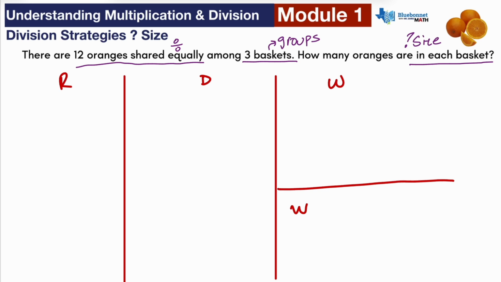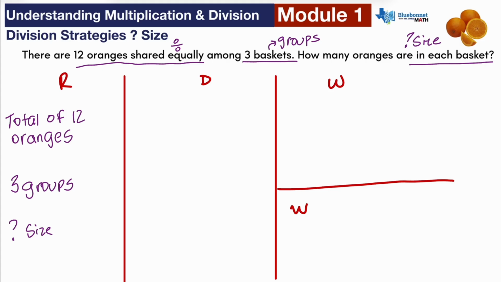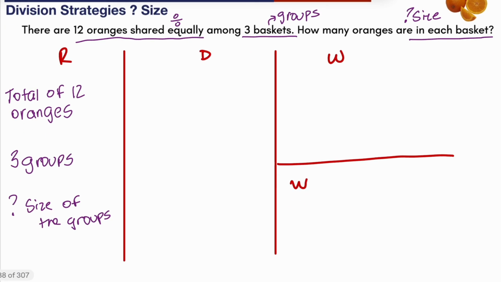So we have a total. So I'm going to write that here. Total of 12 oranges. Okay. What else do I know? There are 3 groups. And what do I not know, which is my unknown? I do not know the size of the groups. So what are you going to do? I am going to be dividing. I'm going to put that on here as well. Divide.